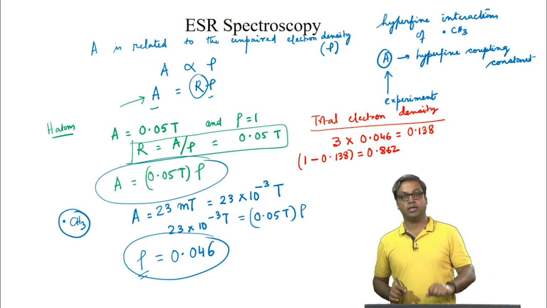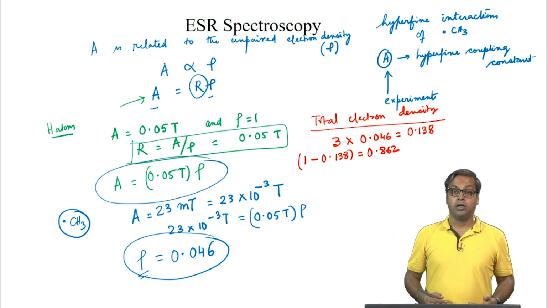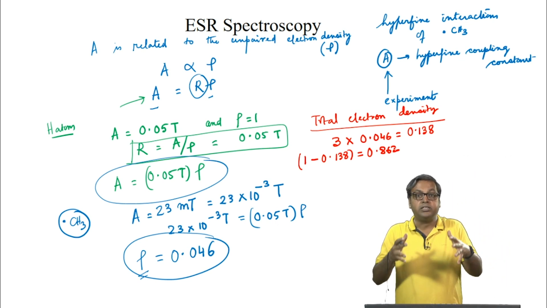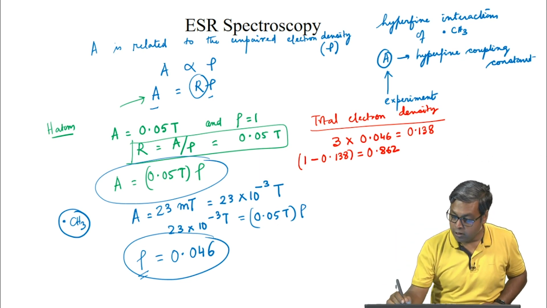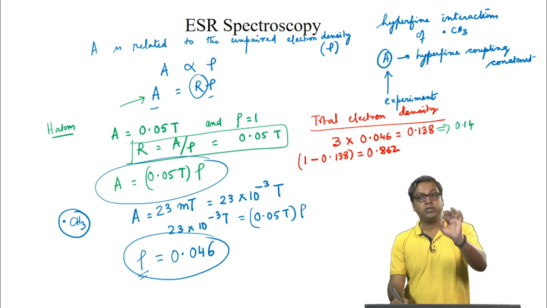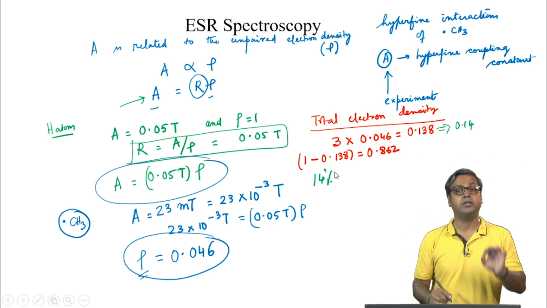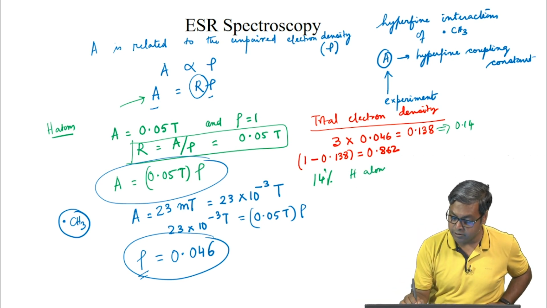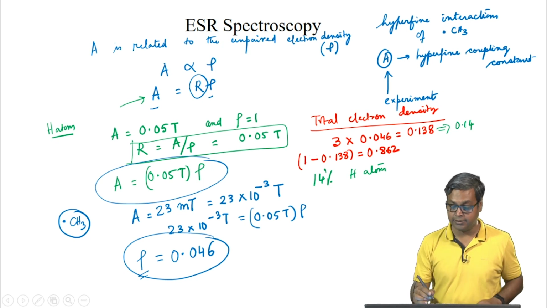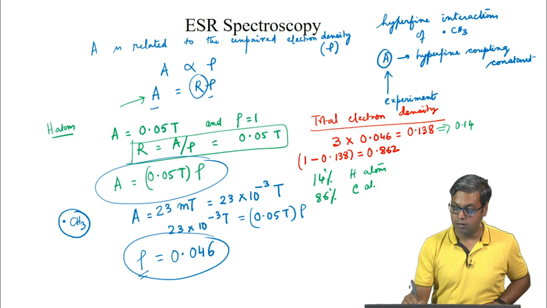In other words, it is delocalized over the molecule, such that it spends approximately 0.14, that is 14% of the time on the hydrogen atoms, and the rest, that is 86% of the time, on the carbon atom.